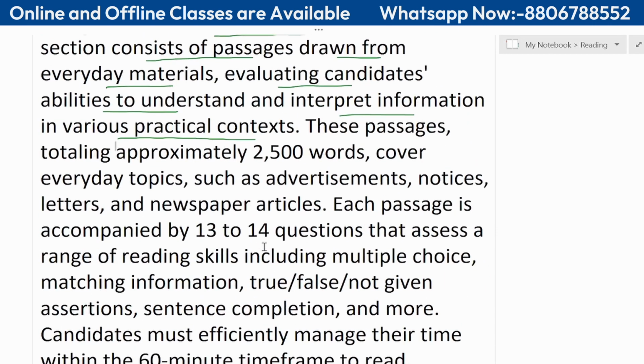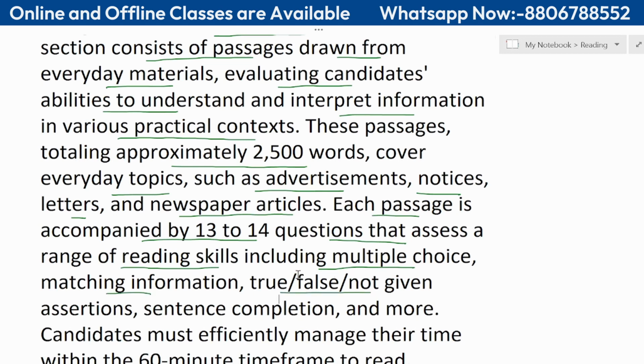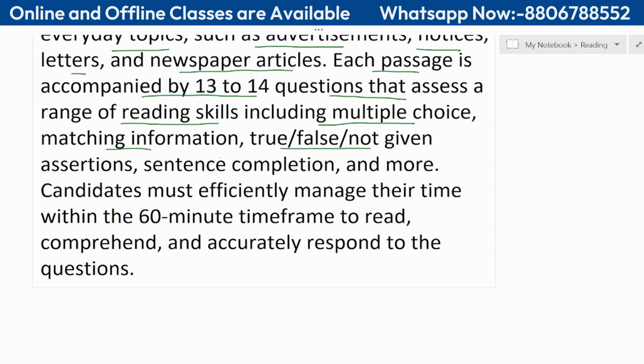Now these passages totaling approximately 2,500 words cover everyday topics such as advertisements, notices, letters, and newspaper articles. Each passage is accompanied by 13 to 14 questions that assess a range of reading skills including multiple choice, matching information, true false not given, assertions, and sentence completion, and more.